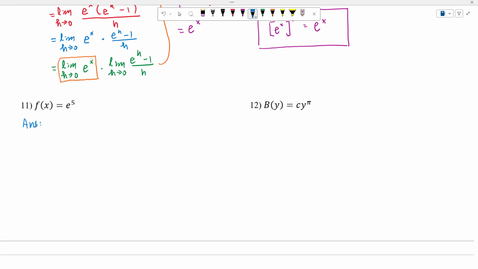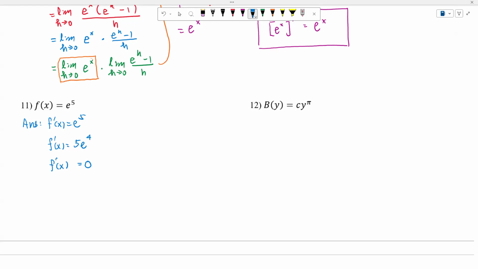Is f prime of x equal to e to the 5? Is f prime of x equal to 5e to the 4th? Is f prime of x equal to 0?